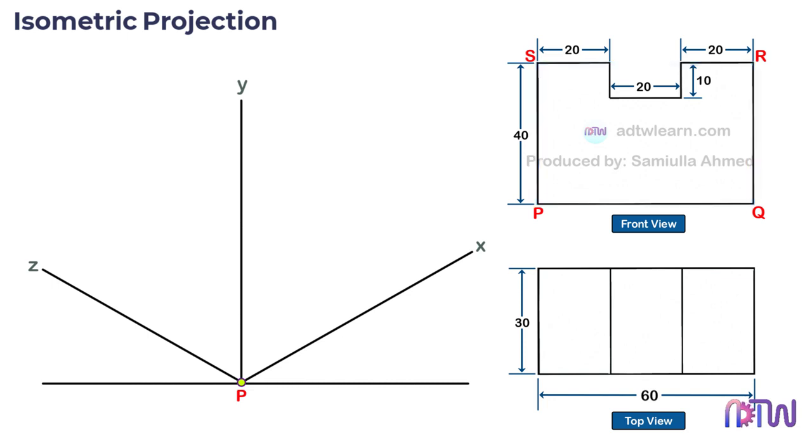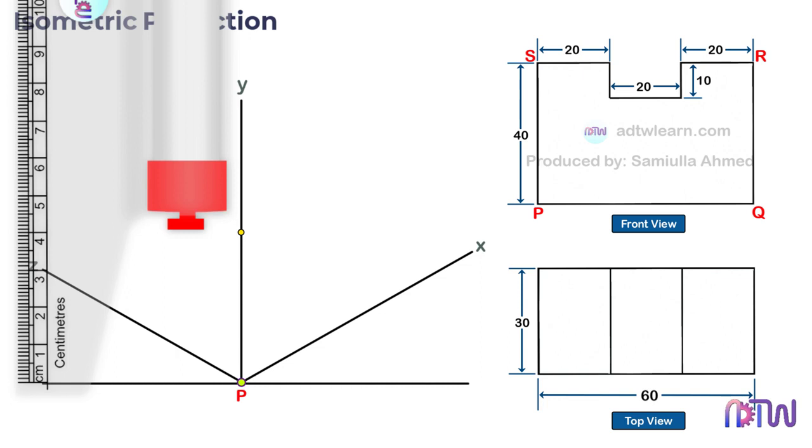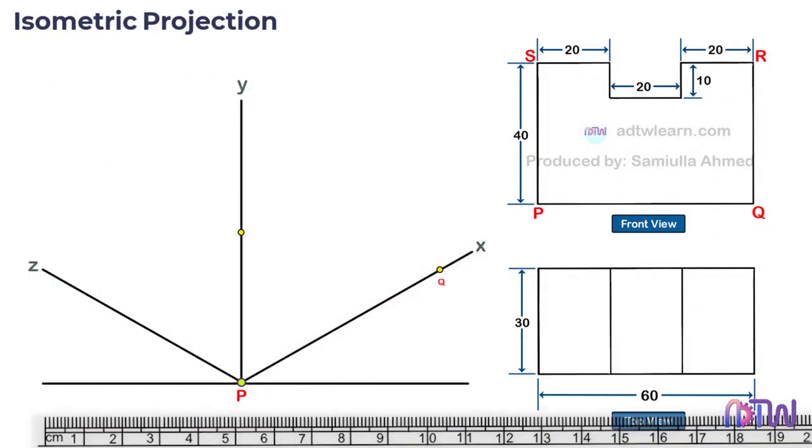Initially, we will draw a rough outline of this front view on this plane. We can see the height of this object in the front view is 40 millimeters. Take a roller scale and mark a point on the y-axis at 40 millimeters from the bottom. We can see the total width of this object as 60 millimeters. Mark a point on this x-axis at 60 millimeters from point P. Label this point as Q. We can see this shape as a rectangle.